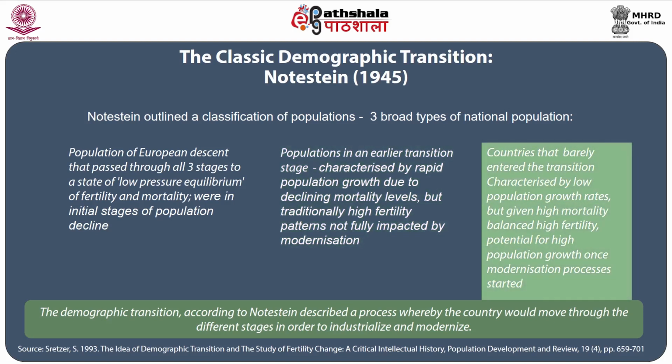The third category is those countries that had barely entered the transition, characterized by low population growth rates, but given that high mortality balanced high fertility levels, there is potential for high population growth once the modernization process starts.